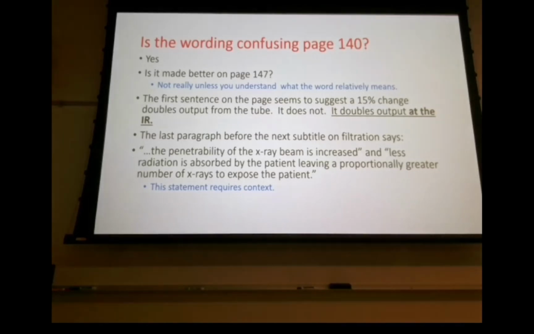Not exactly. So the first sentence says 15% change doubles the output from the tube. It does not. It doubles at the image receptor. The last paragraph, the penetrability of the X-ray beam is increased and less radiation is absorbed by the patient, leaving a proportionally greater number of X-rays to expose. That should be IR.